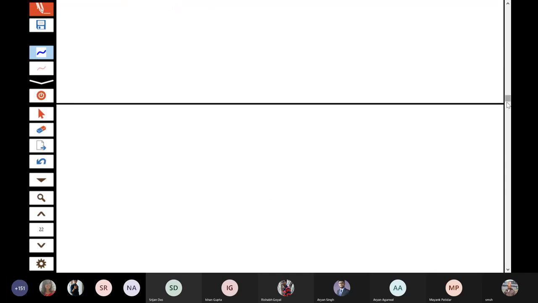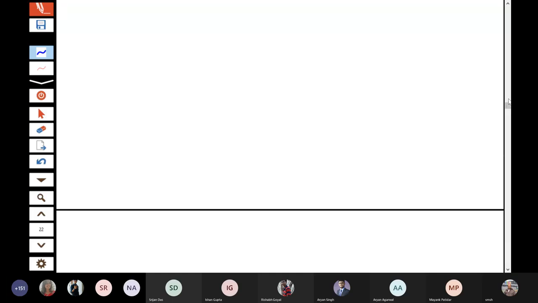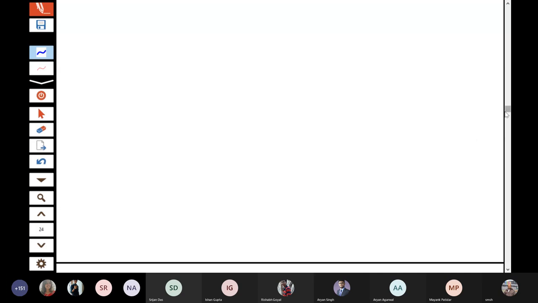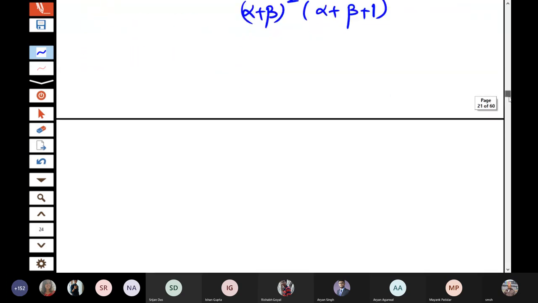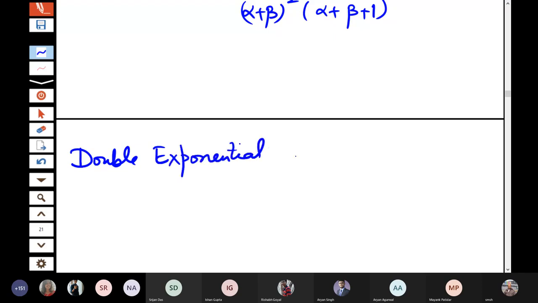Then another important distribution which is again used quite often is the double exponential or Laplace distribution.